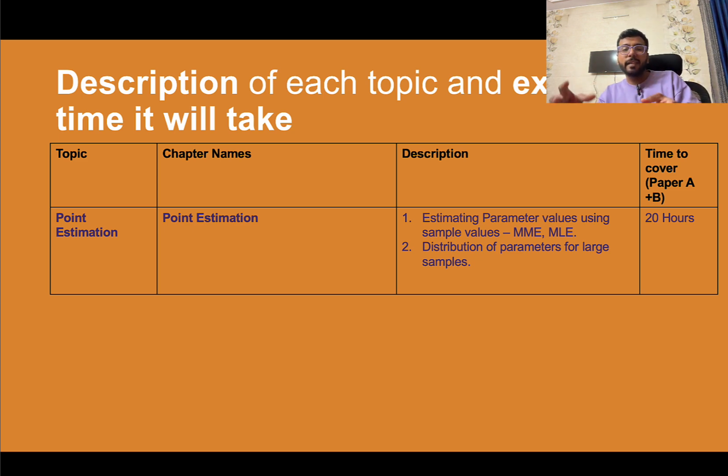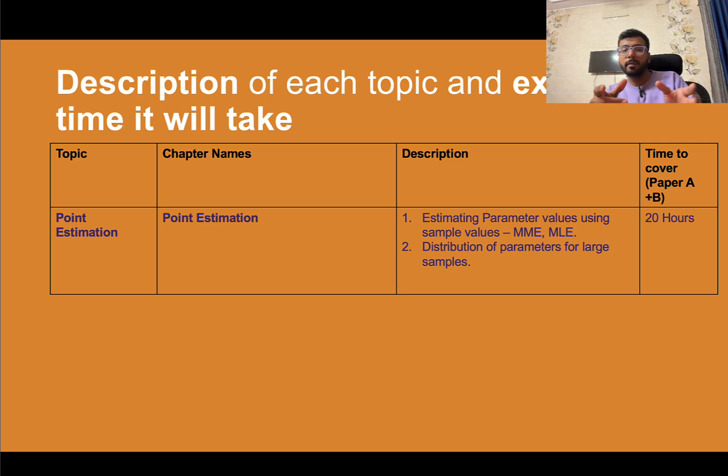Then we get into point estimation, which basically talks about how do you estimate a population parameter, a population's certain attribute, based on a sample's statistic, a sample's attribute, right? Any attribute related to a population is called a parameter. So if you want to estimate that using a sample, how do you do that?